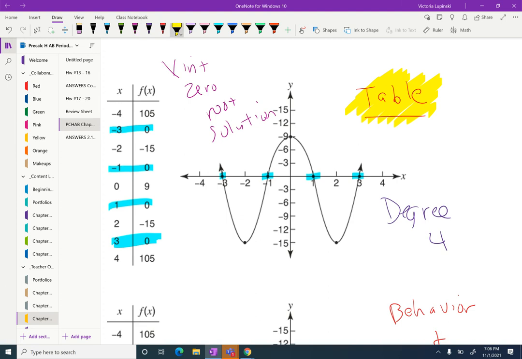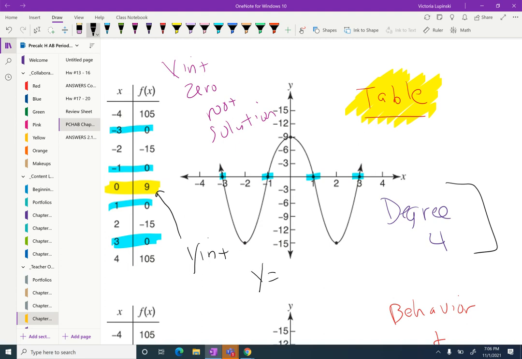Just to be clear, what does the yellow represent? If someone can tell me. Y-intercept. It's the y-intercept. If I was going to find the equation of this polynomial and I knew that it was going to be y equals something x to the 4th, where in the equation would the 9 show up?